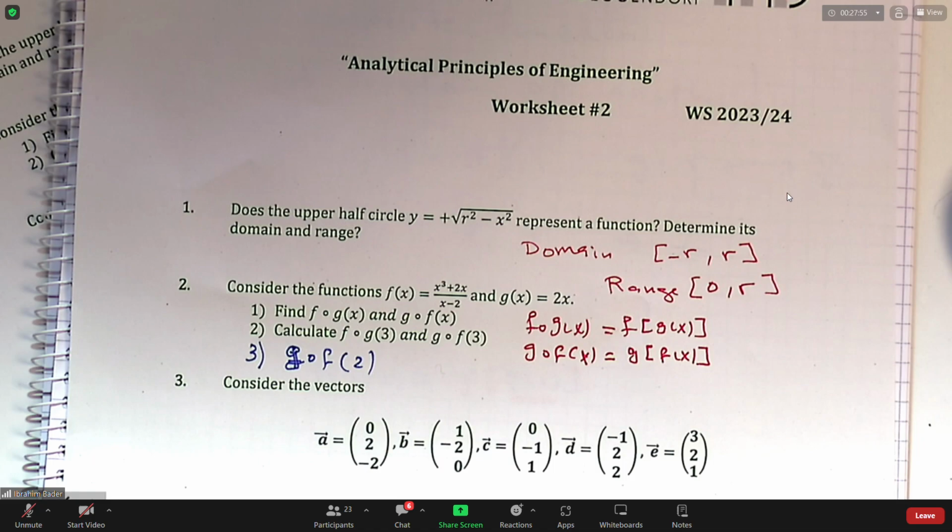Now, the dot product here is defined as u dot v is equal to, I think it's cosine, right? Cosine theta, right? One second.